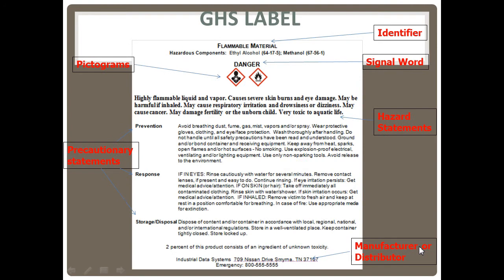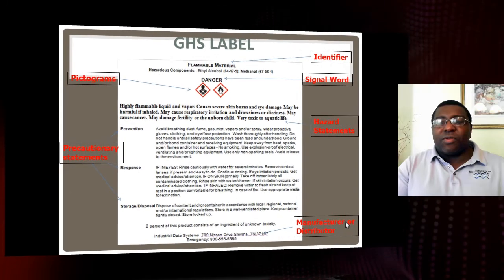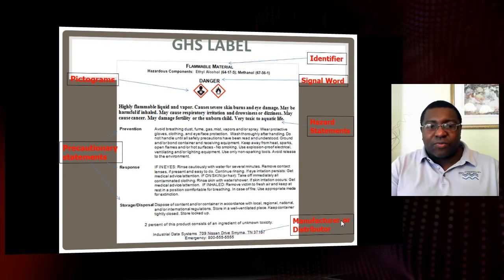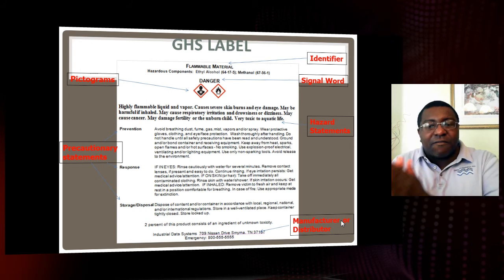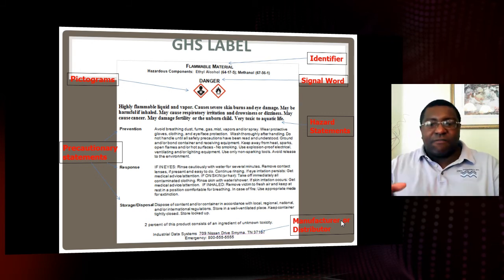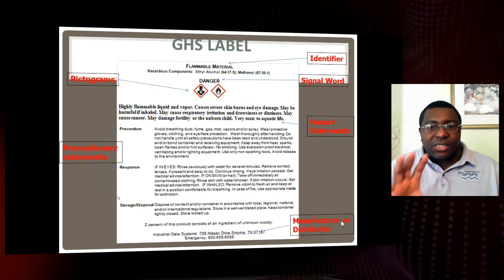Your new GHS labels are going to look like this. You have your identifier, and you have your signal word, danger, pictograms, a hazard statement, and then your other precaution statements. And on the very bottom is going to be your manufacturer or your distributor information. So all your labels must look like this.